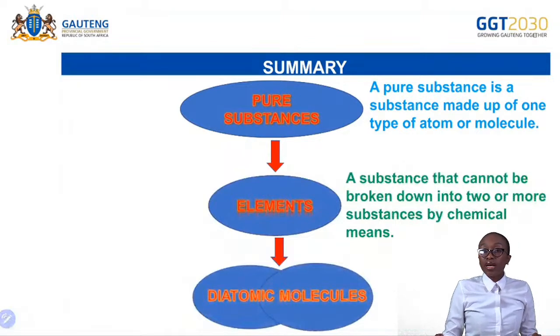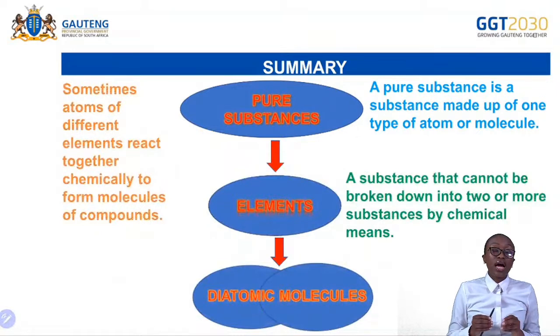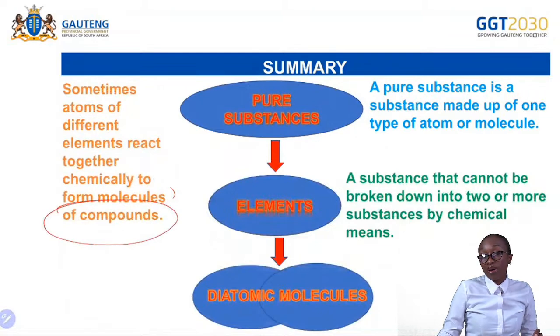Then there are some elements that exist naturally as diatomic molecules, which are two atoms that are chemically bonded together. We gave examples of hydrogen, oxygen, fluorine, chlorine, and iodine. And atoms of different elements chemically combine to form compounds or molecules of compounds.